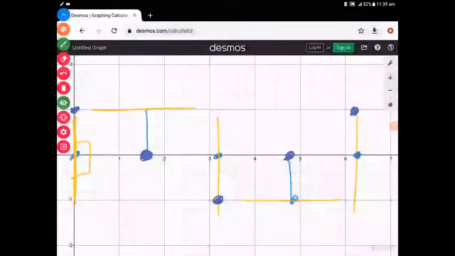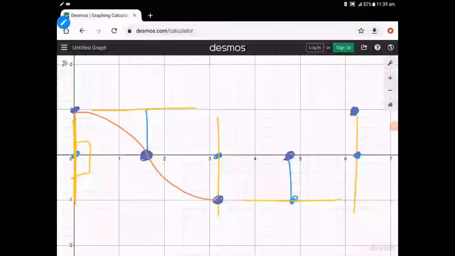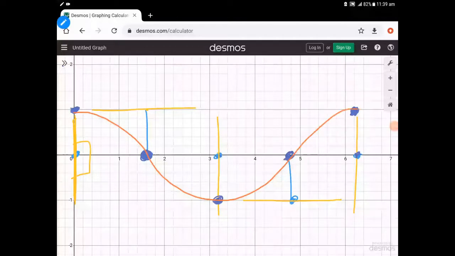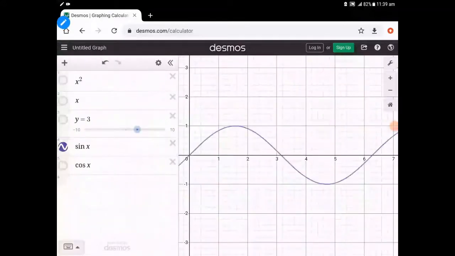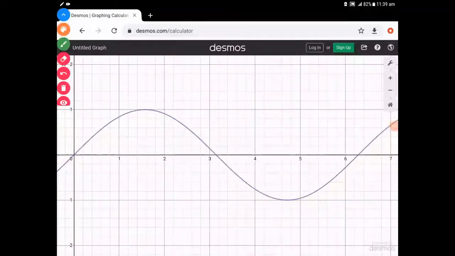Let me do it with an orange line. The graph comes from this point like this, then goes to this minimum value, then it comes to 0, then it goes to the high value, and then it keeps on repeating here also. If I bring back the sin x graph, and you look at this graph that we just drew, this is what you see.